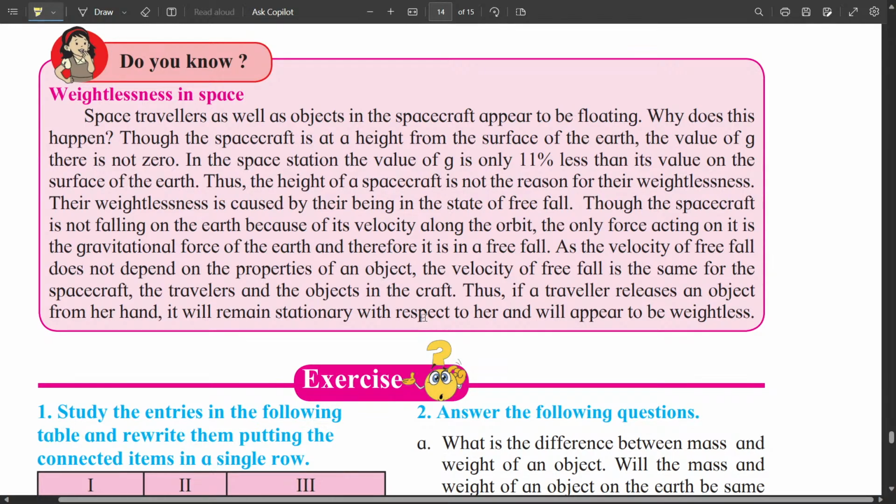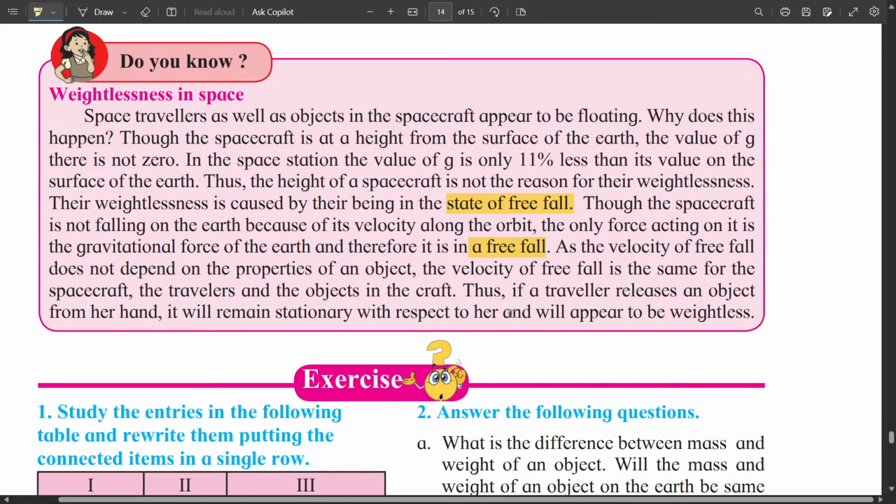Then what is happening? Their weightlessness is caused by their being in the state of free fall. Though the spacecraft is not falling on Earth because of its horizontal velocity, every time it changes direction, and the changing direction is a free fall.